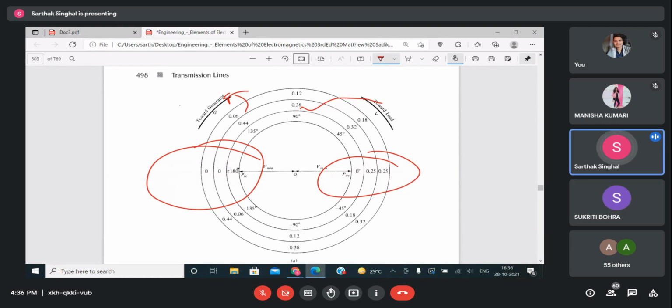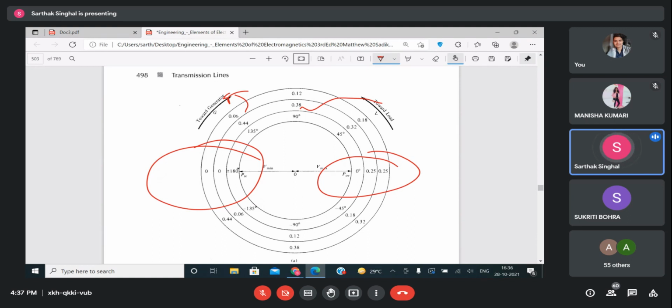Resistance and reactance. Normalized resistance and the reactance circles. And by using which we will calculate the VSWR and the reflection coefficient also.